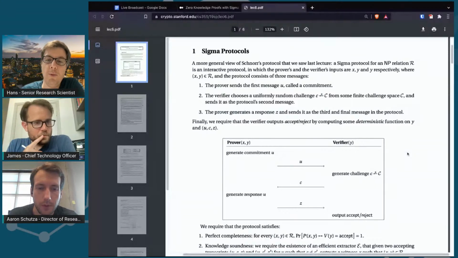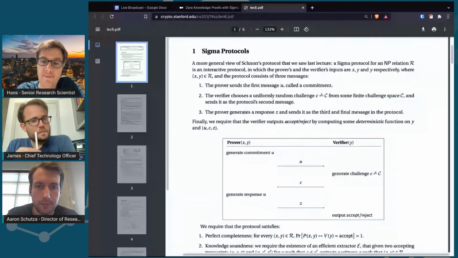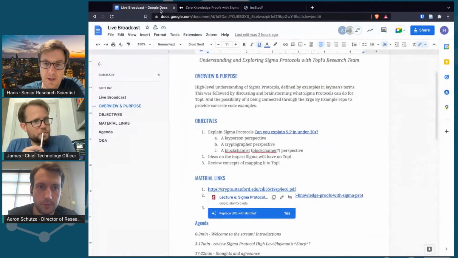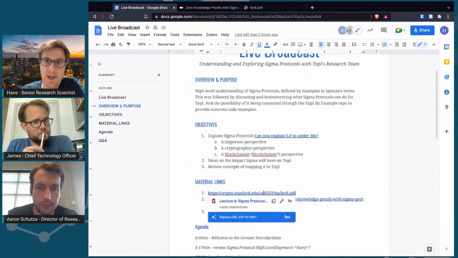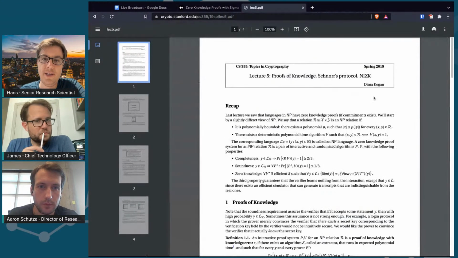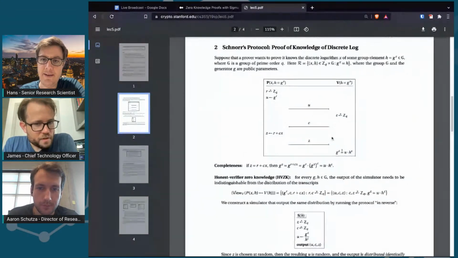What we're looking at here is sort of a generic case for any Sigma protocol. Can we look at the one specific to Schnorr? Let me see. I'm not sure that I have the link for that. Let me try to just replace it in the URL. Yep, that works. There we go. Perfect.